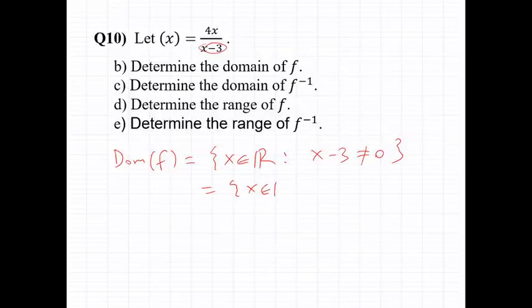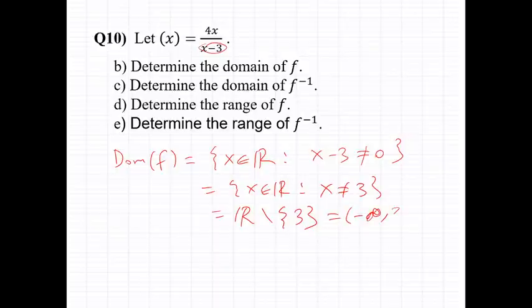So x should not be 3, which means all the real numbers except 3. And you can write it this way: minus infinity to 3 and 3 to infinity. You remove 3 from the real line, so we have these two intervals.